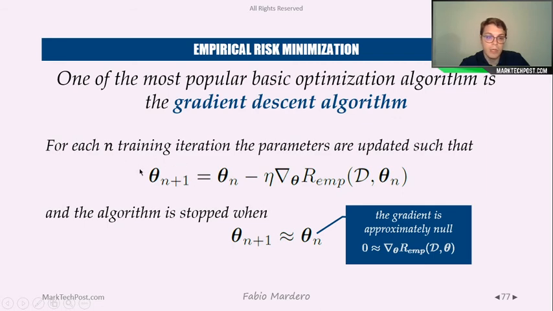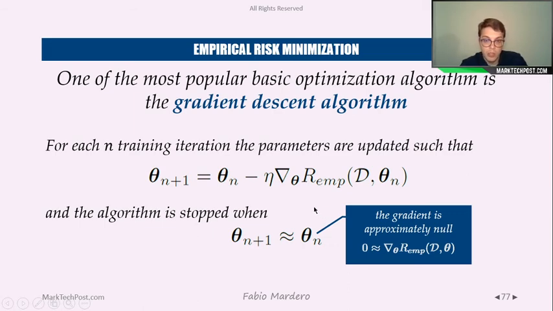And this will be the new set of parameters. The algorithm is stopped when the parameters of the previous iteration and the new one are approximately the same. Why? Because this means that the gradient is approximately null. So we are in a minimum, which could be a local or an absolute minimum.